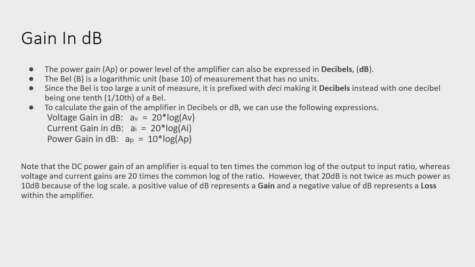Note that the power gain of an amplifier is equal to 10 times the common log of the output to the input ratio, whereas the voltage and current gains are 20 times the common log of the ratio. However, 20 dB is not twice as much as 10 dB because of the logarithmic scale. A positive value of dB represents a gain and a negative value of dB represents a loss within the amplifier.